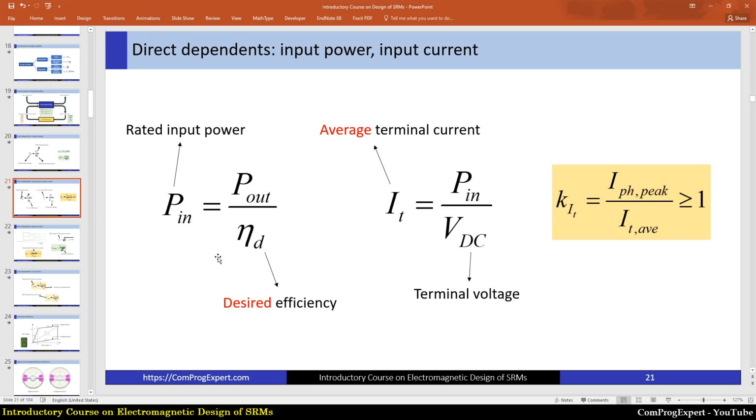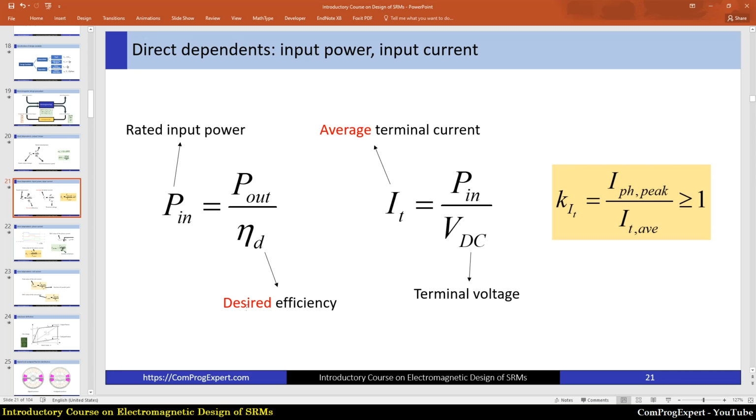How can we calculate other dependent variables? The input power is equal to the output power divided by the desired efficiency. We haven't designed and analyzed the motor yet, but we should assume a value for efficiency and design versus that, and then analyze the motor, create the finite element model, and calculate the real value of efficiency.